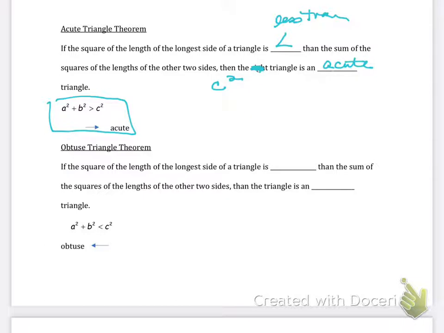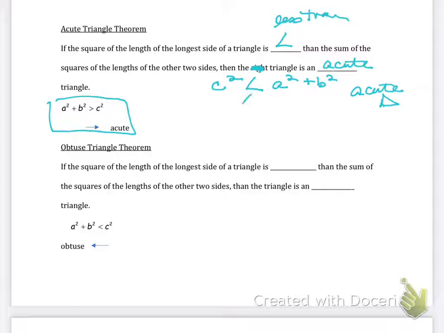So here's our situation. C squared, A squared plus B squared. If I find that the square of the length of the longest side, which is the C side, is less than A squared plus B squared, that is an acute triangle. So how can I help myself to remember this?